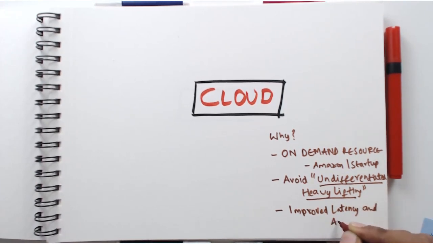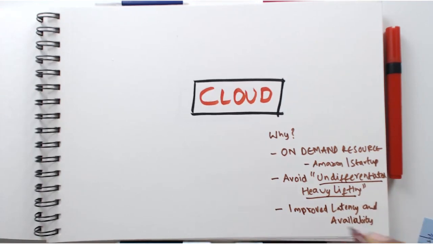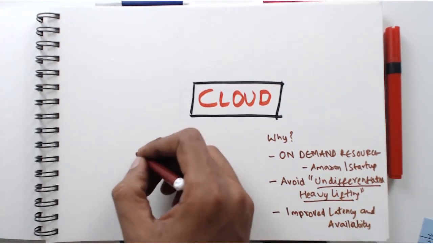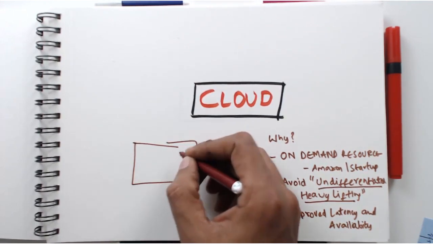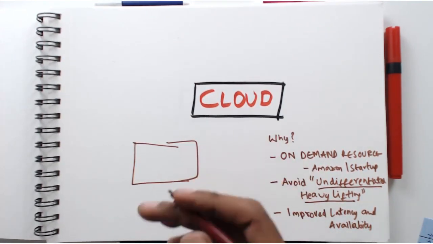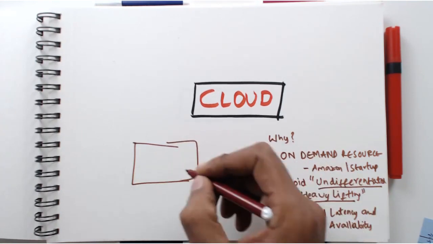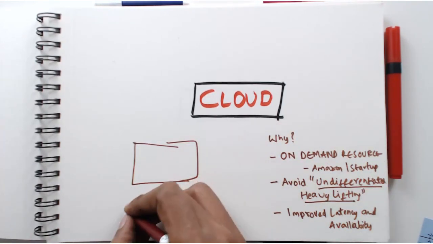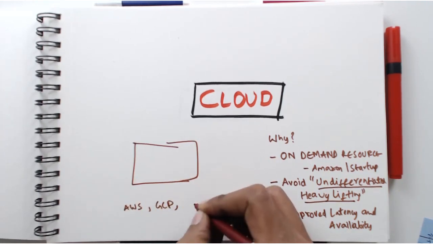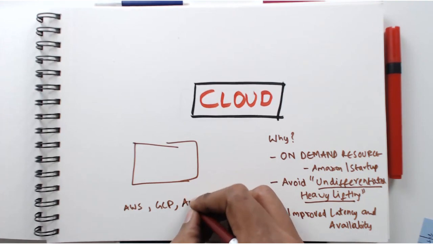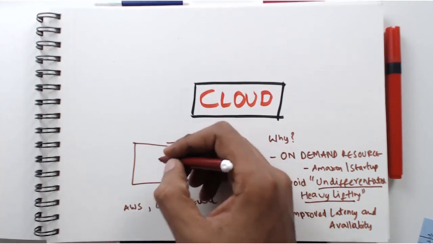With the cloud, you get a feature which is called availability zones and regions. So, let's say this is the world map and you have a number of continents everywhere. I'm not really good at drawing maps, so that's something you have to forgive me for. With each of these cloud providers, whether we are talking about AWS or GCP or let's say Azure, each of these cloud providers have regions across the world.